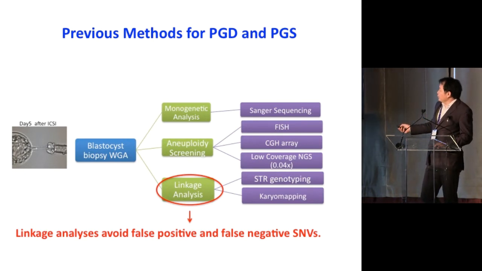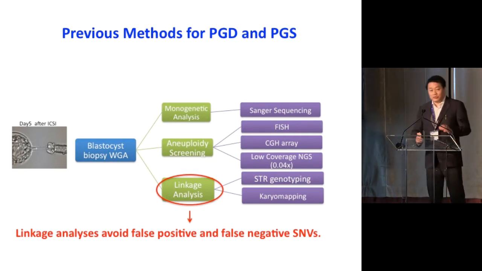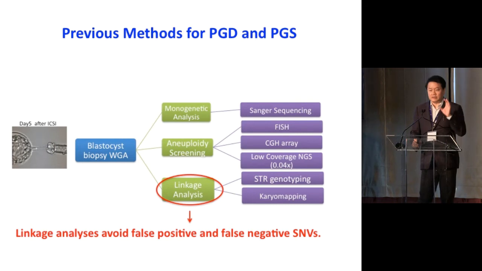Now, people have been using lineage analysis. So we're not trying to detect a de novo point mutation. We're only trying to tell whether the allele that has the devastating point mutation is there or not. That's much easier, right?